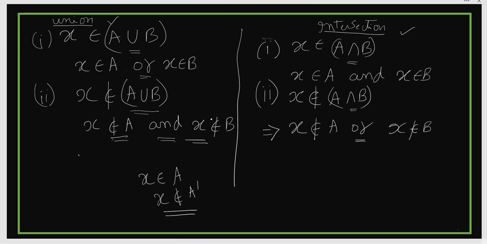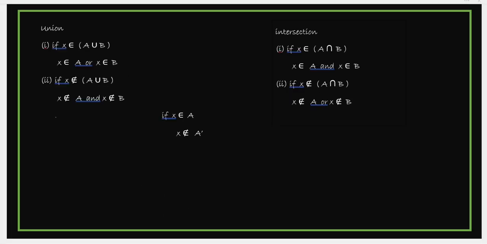In this, x does not belong to A intersection B, here you can say x does not belong to A or x does not belong to B. Remember this. I put everything in a single page for your reference.